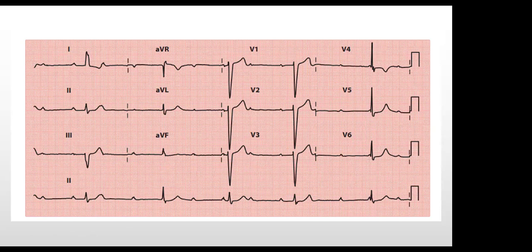Yes, if you look at these other ones, these are a bit narrow, which again tells you that this might be coming from the bundle of His or the upper part of the AV node. But again, if you look at lead 1, apart from being broad, you see notching of the QRS complex. Lead 1 and aVL are regarded as the high lateral leads.